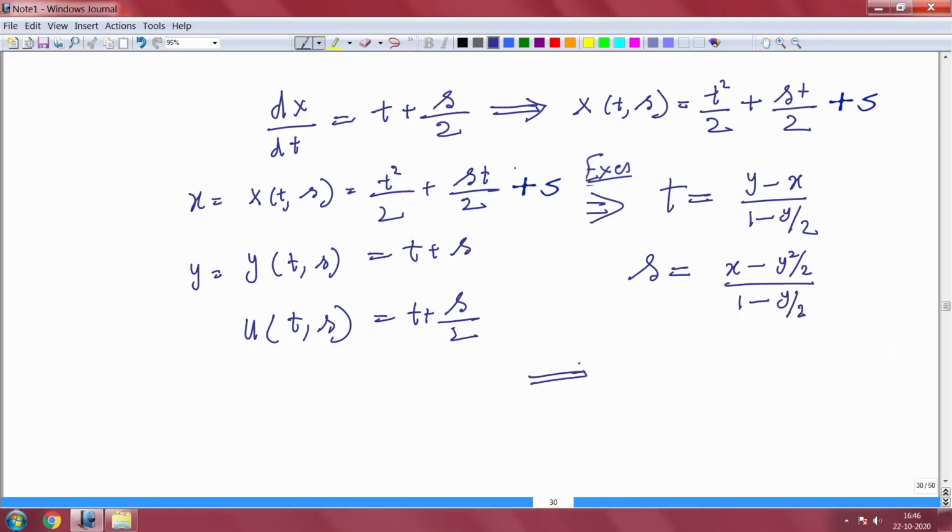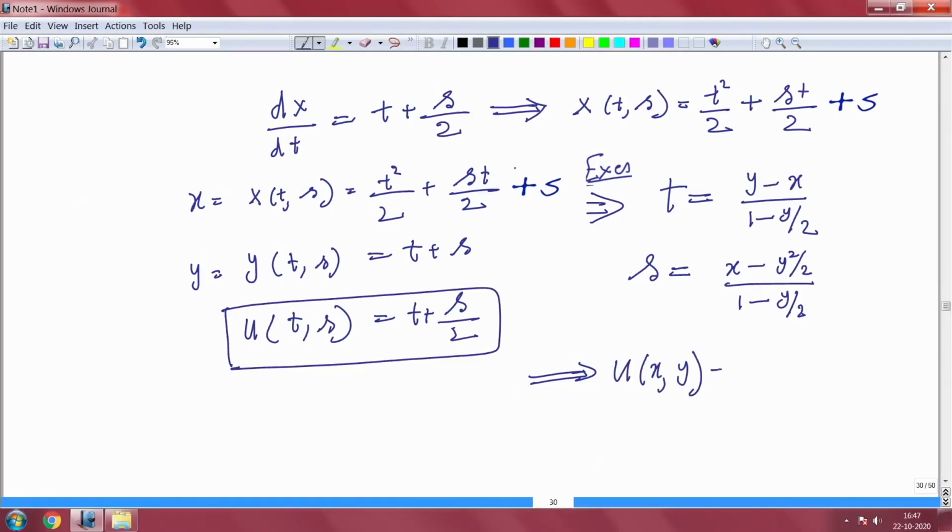Substitute the values in u(t,s) here, and then that will give you your u(x,y). Try to work out more and more problems. Okay. 2 into (y minus x), please do this small computation, it is not difficult, plus (x minus y square by 2) by (2 minus y).